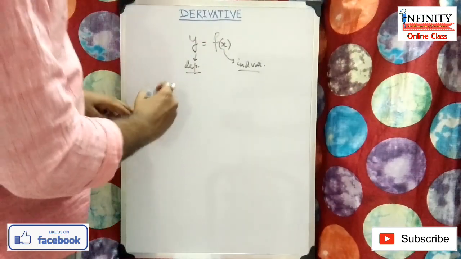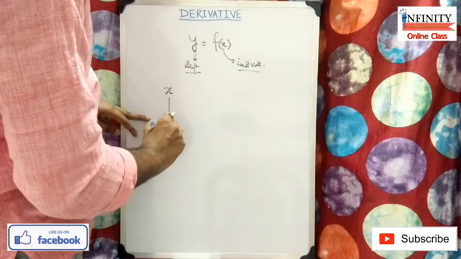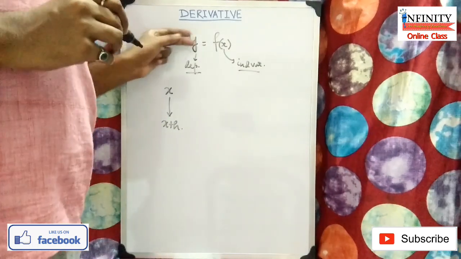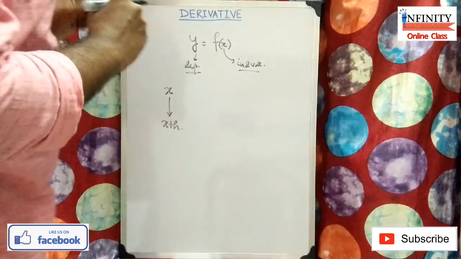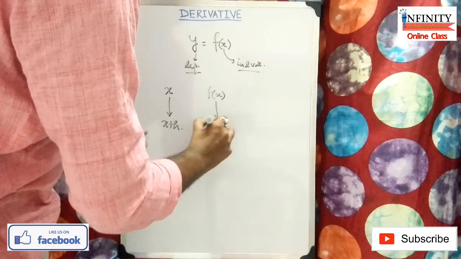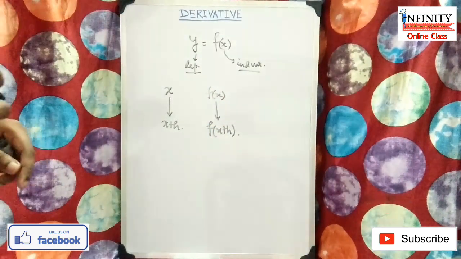Suppose x is changed to x plus h, and as y is a function of x, correspondingly y will be changed, that is, y will be changed from f of x to f of x plus h, correct?